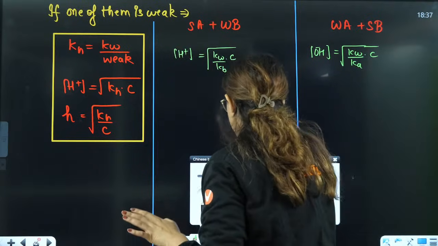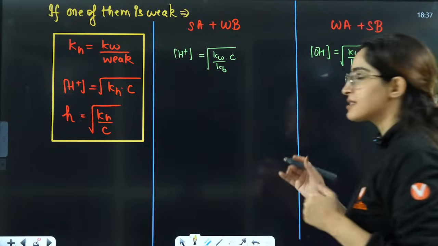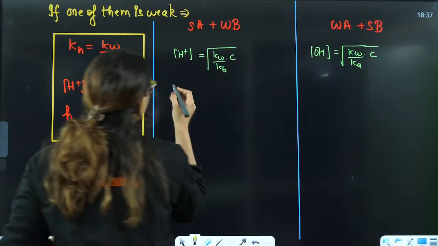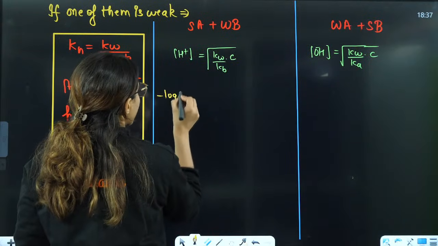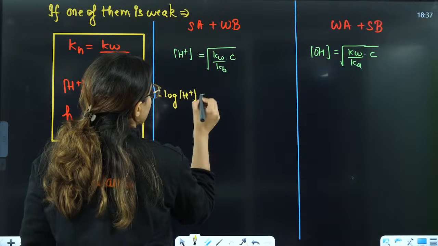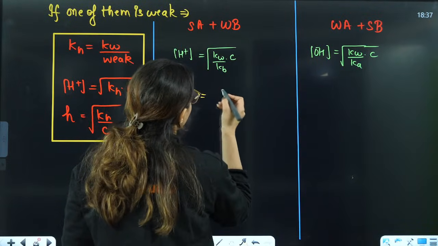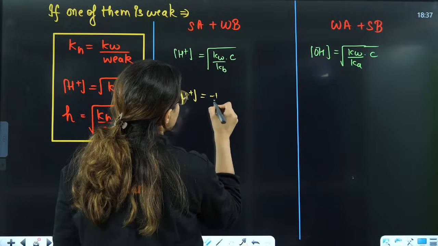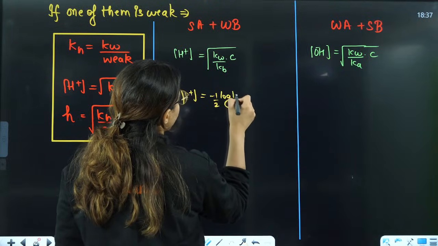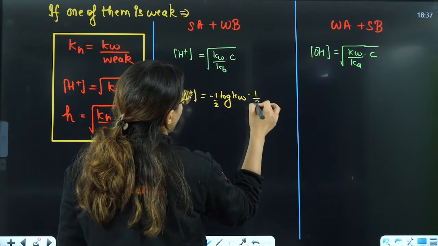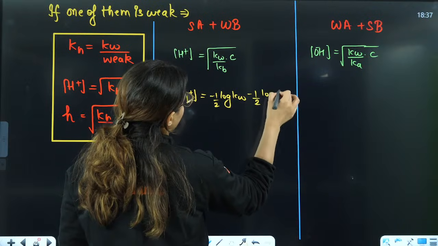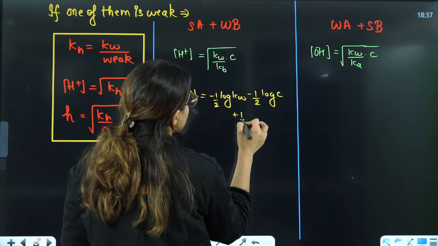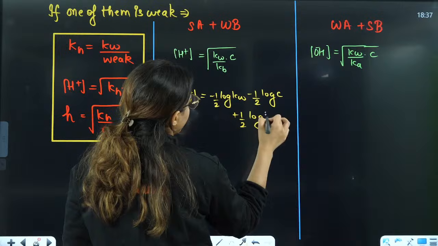Okay? Now derivation of pH is actually by taking log and all. So I'll take minus log of H positive. This will become Kw; to take log here, this will come in front, minus half of log of Kw. This is minus half of log of Kc. This will be plus half of log of Kb.